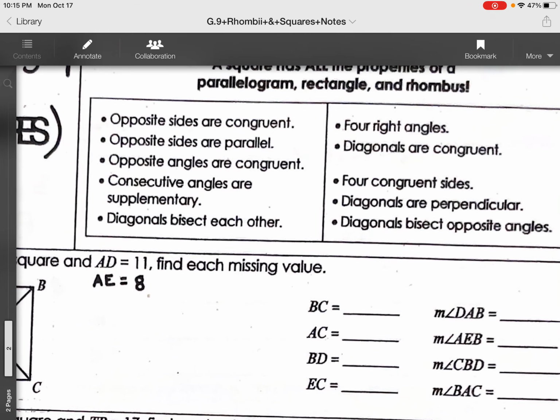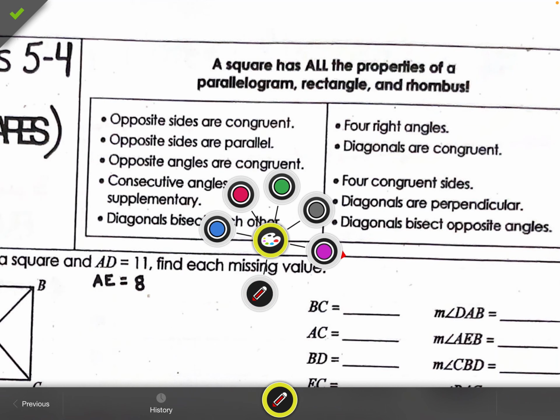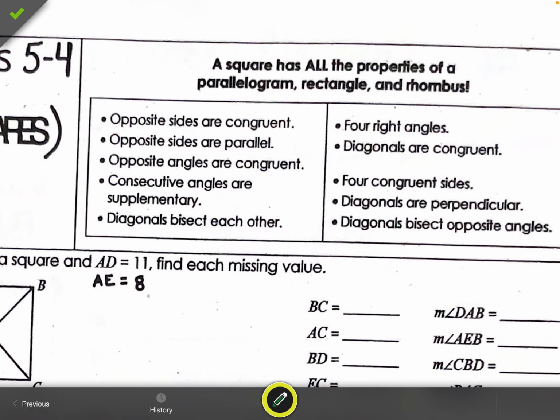So the cool thing about a square is it has all the properties of a parallelogram. So these 5 right here: opposite sides congruent, opposite sides parallel, opposite angles congruent, consecutive angles supplementary, diagonals bisecting each other.